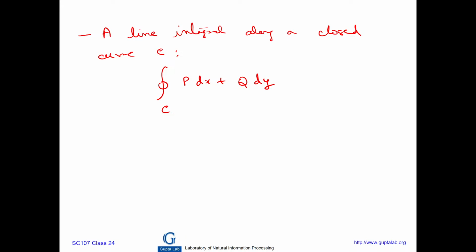Okay. So I am introducing this notation: a circle on the integration sign means along a closed curve, C is a closed curve. And then everything remains the same. This is also a line integral.